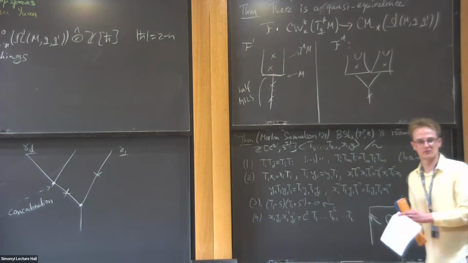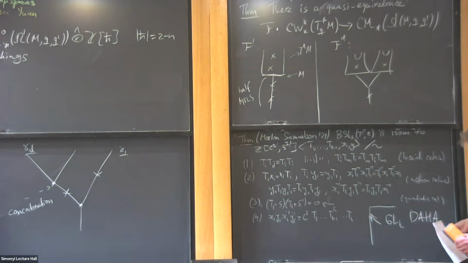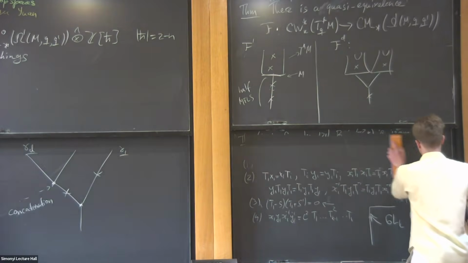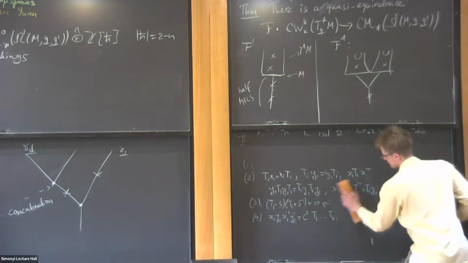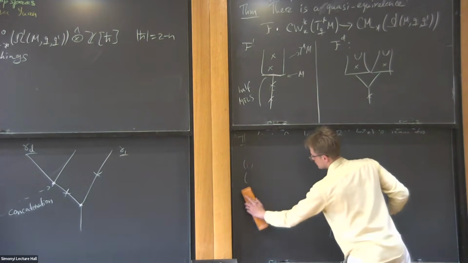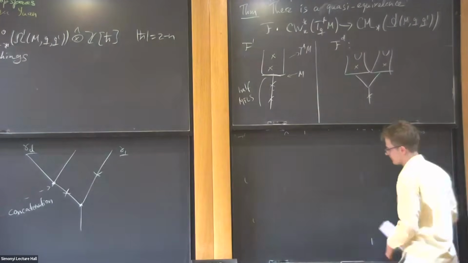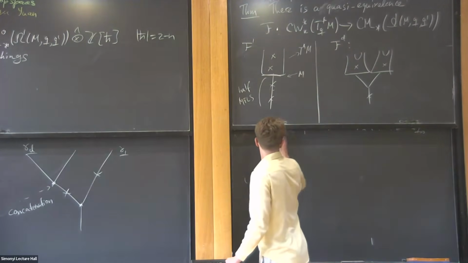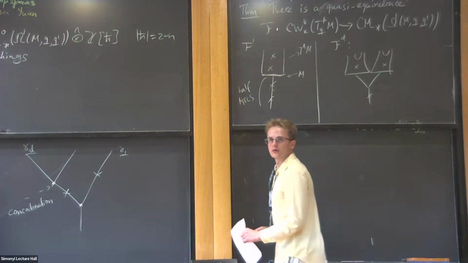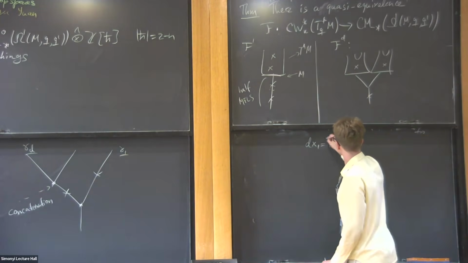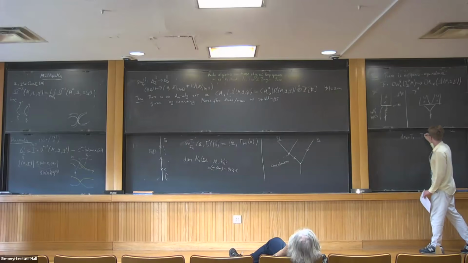Okay, yeah, thank you. All right, so let me maybe just illustrate how you can get some of these relations for the sphere. Okay, so for instance, let's show that dx1 is indeed equal to something like this.